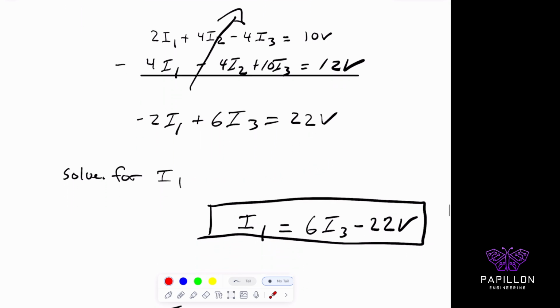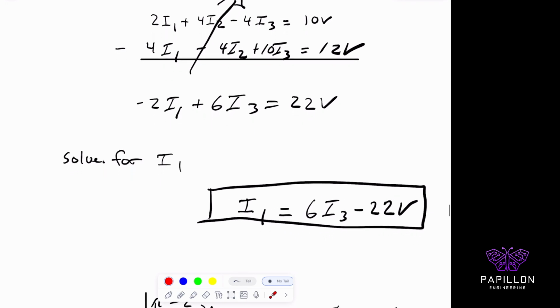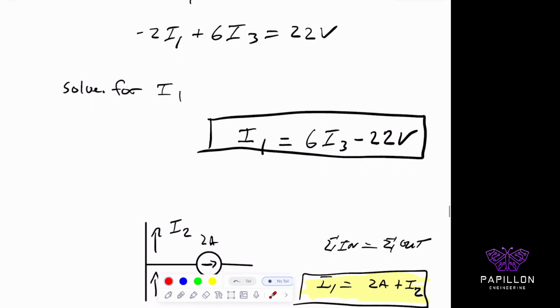And now I have an equation that has I1. I'm just moving this around, so I'm trying to isolate the I1 by itself. And I could try to simplify this as best as possible. So that's the name of the game when you're trying to tackle this.